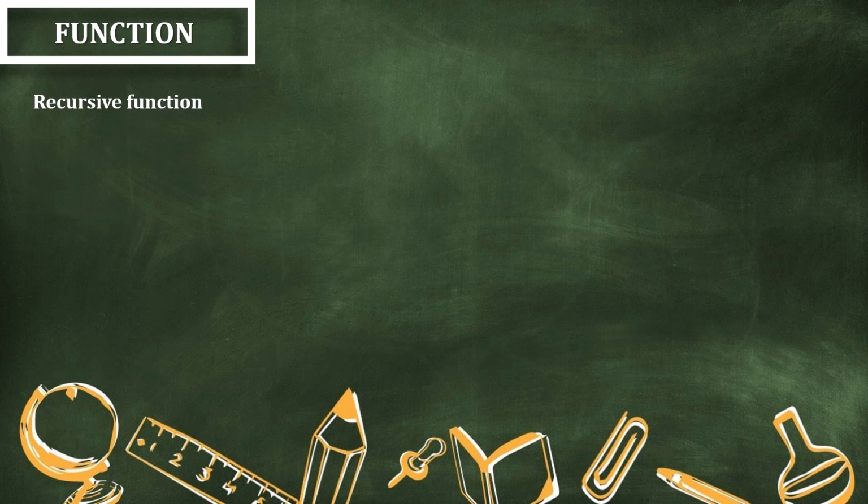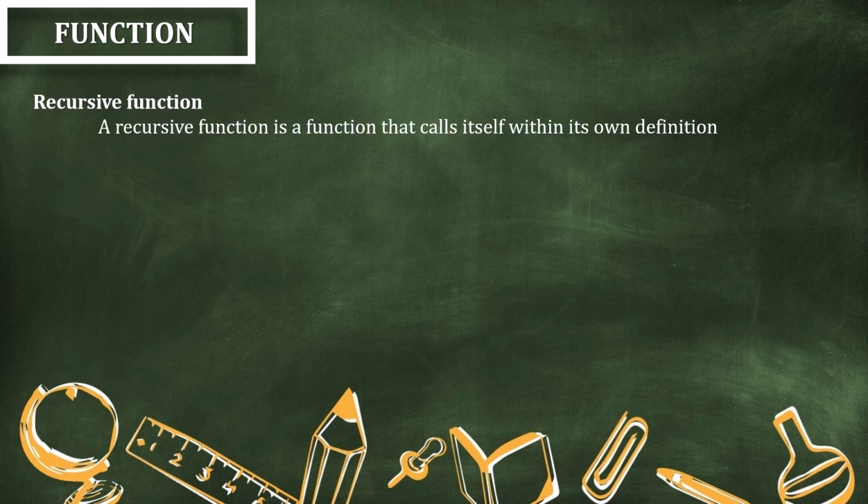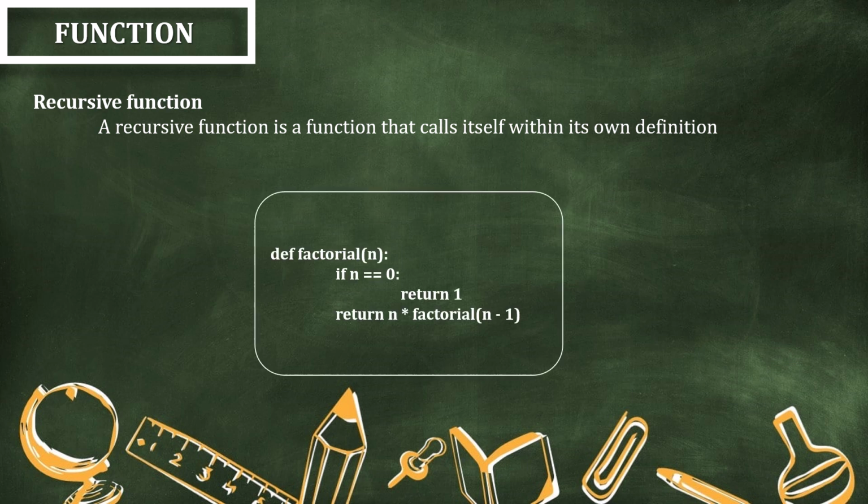Moving on to the next thing, the recursive function. So what is a recursive function? A recursive function is a function that calls itself within its own definition. Here we have a defined function called factorial. It starts with the def keyword and the function name is factorial.